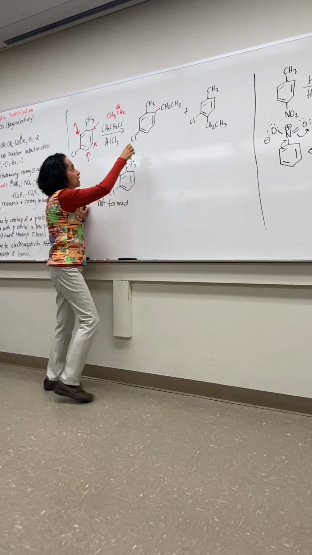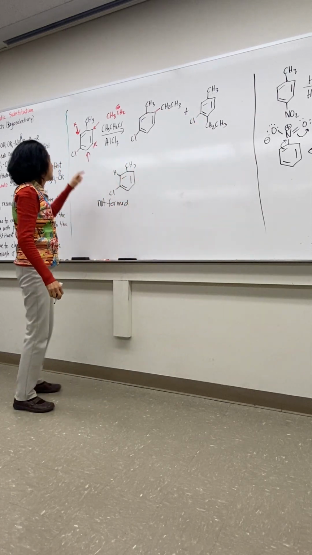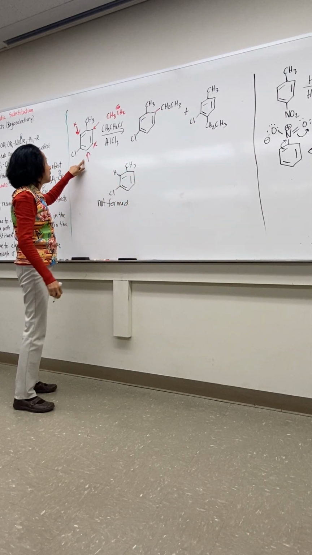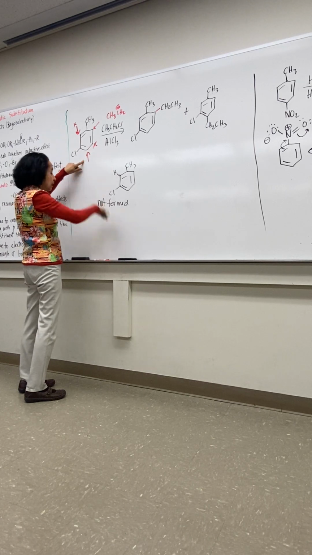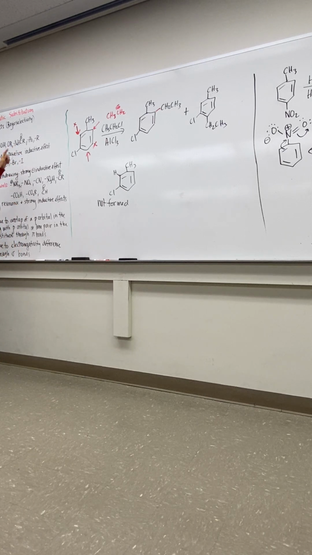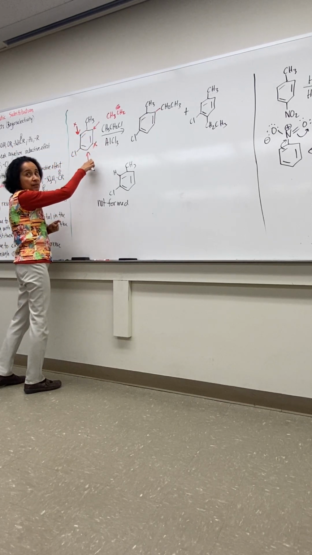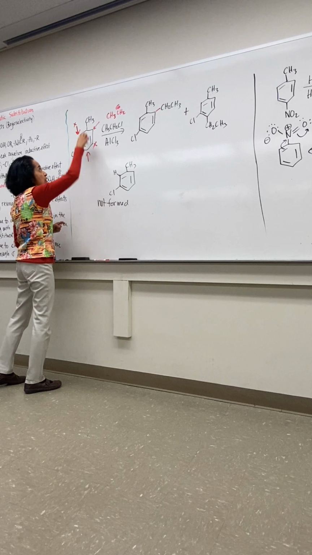That's why this one is okay, and this one is not favored, because the orientation is going to favor this and this, the ortho positions. This is an ortho-para director, and ortho and para to this.